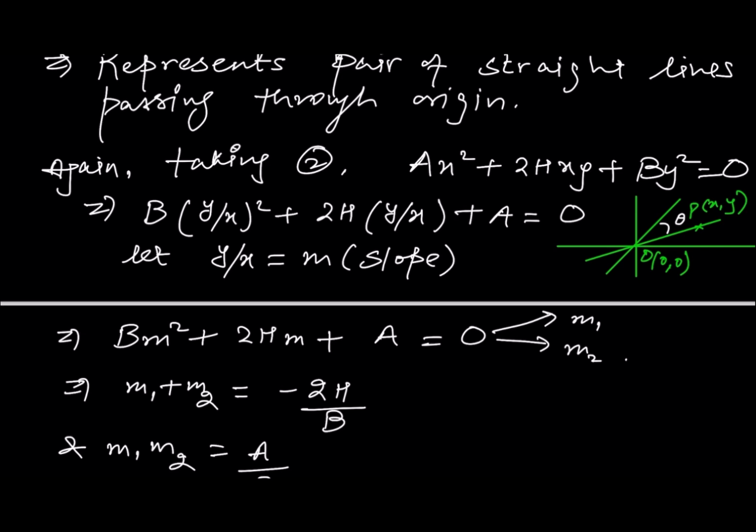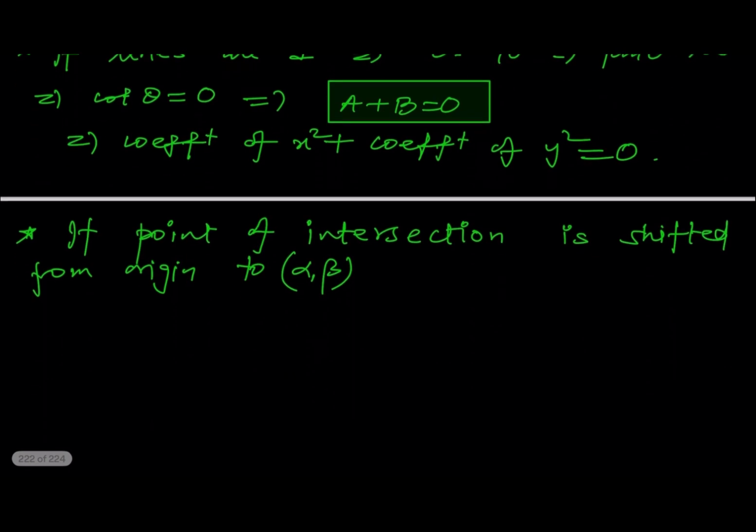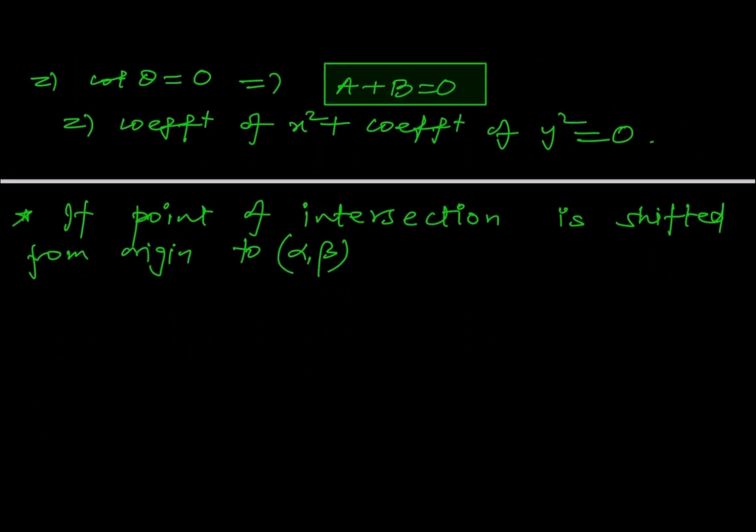The pair was passing through the origin. The intersection point was the origin, but now I am considering the intersection point as alpha comma beta, other than the origin. Then you can imagine, say it is the origin.